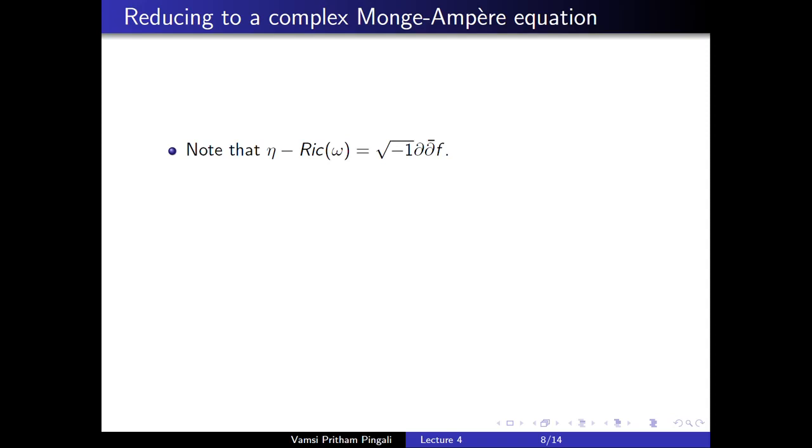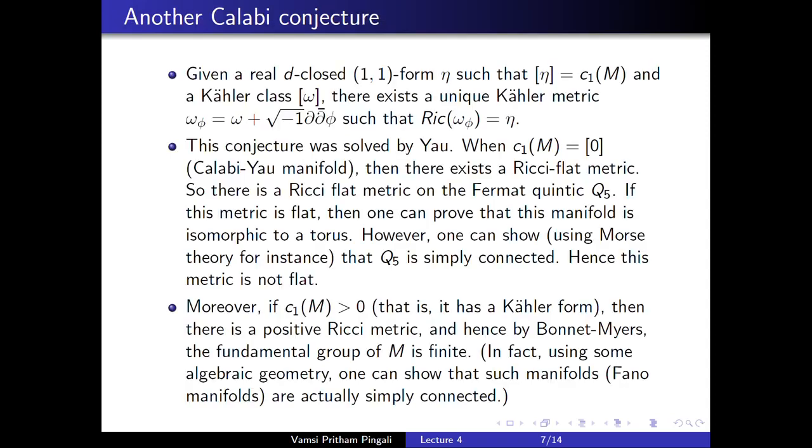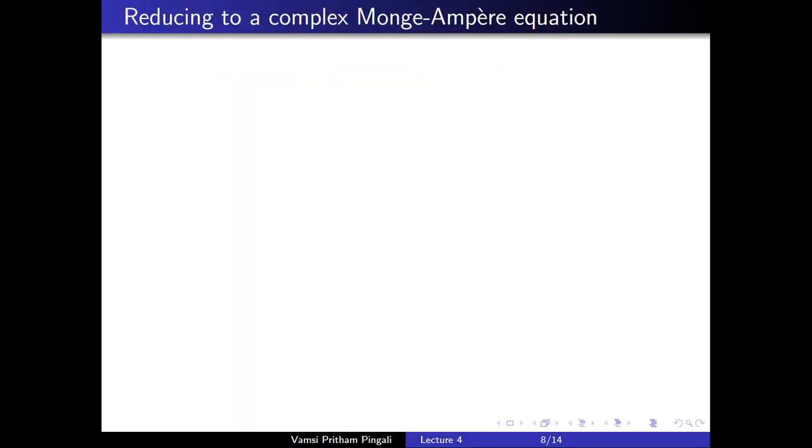So firstly, note that eta, suppose you take any metric omega in this Kahler class, its Ricci form is not equal to eta. If it was, then we would have been done, right? However, these two are in the same cohomology class, so by the del bar lemma, their difference is del bar of some function, right?